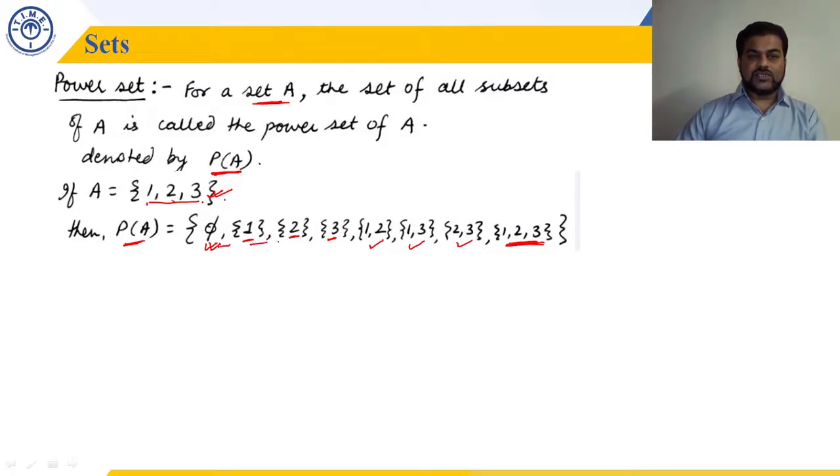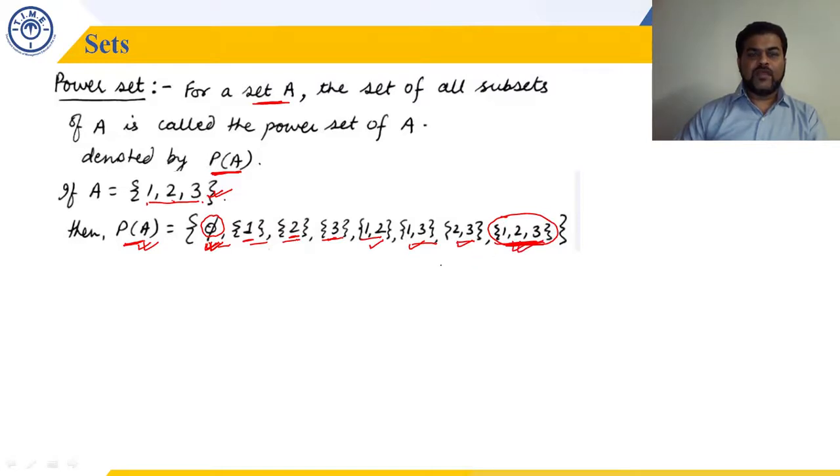These that you notice here are all subsets of set A, and this power set of A contains all possible subsets of set A. Now if you notice, the subsets of A will always have an empty set and will always have the set itself. So if set A is {1, 2, 3}, then of all the subsets of A, there will be one subset which is the empty set, and another subset which is the set itself.